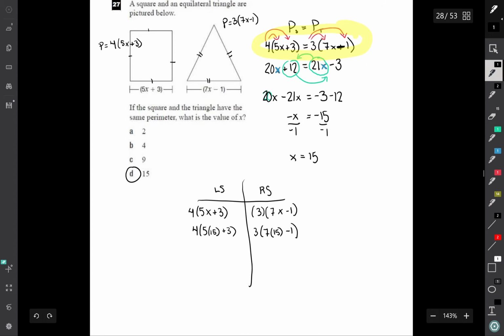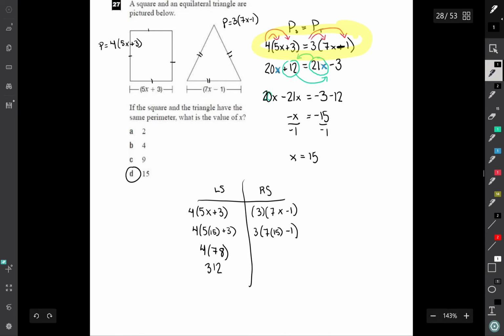All right, so we grab our calculator. 5 times 15 is equal to 75, plus 3, 78. So 4 times 78 will give us 312.